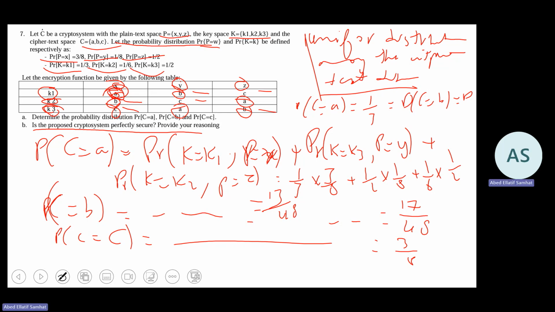I just want to check because maybe I have some error here. I should check because the sum should be equal to 1, and it's not the case. I want to repeat the calculation, just one second.